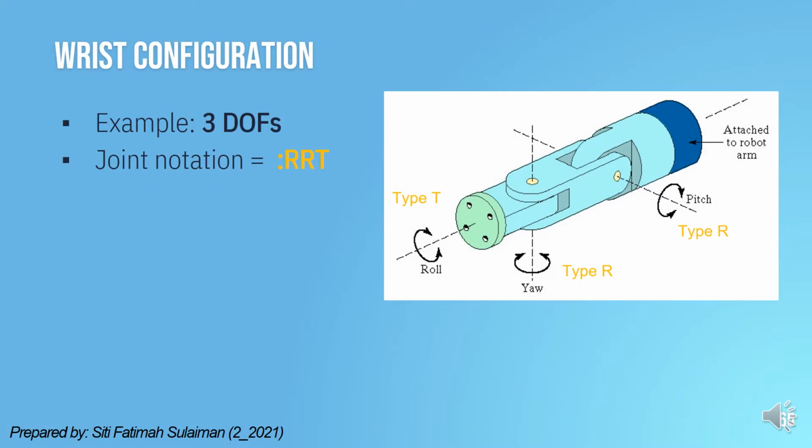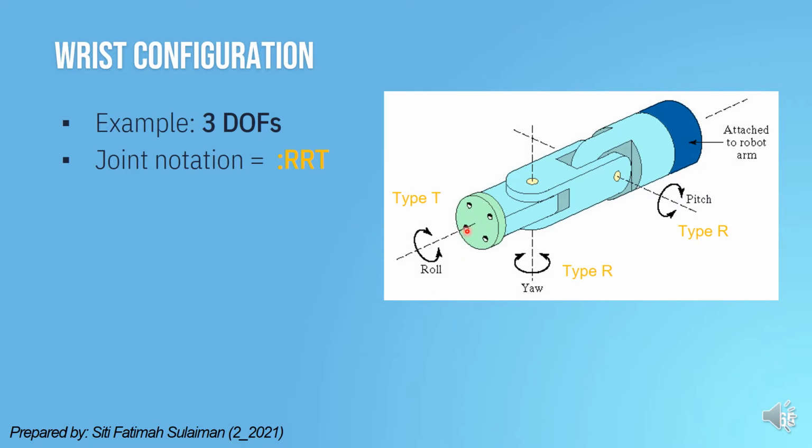The figure shows an example of a 3 degree of freedom robot wrist. Three degrees of freedom means the wrist in the figure has three independent movements. This is the first independent movement, this is the second, and this is the third.